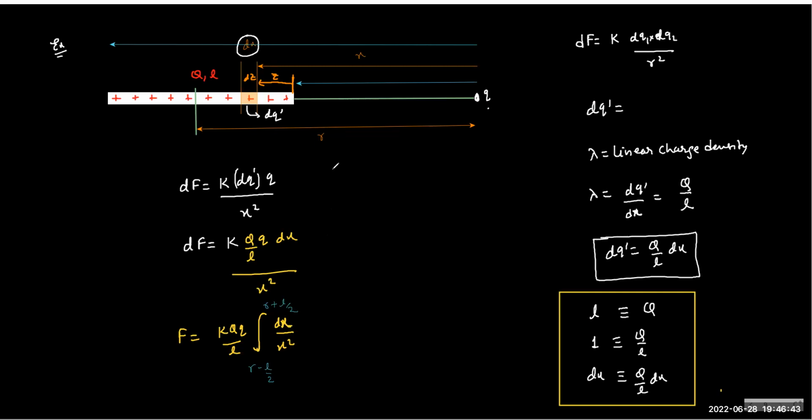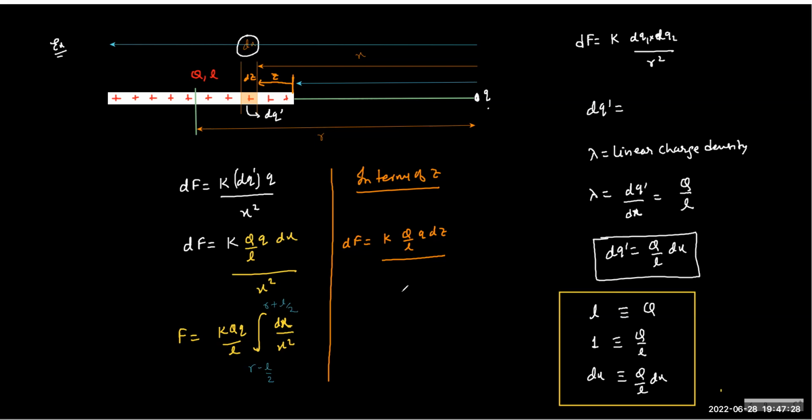If I want to write the answer in terms of z, the dF will be how much? K Q dz, upon z square?